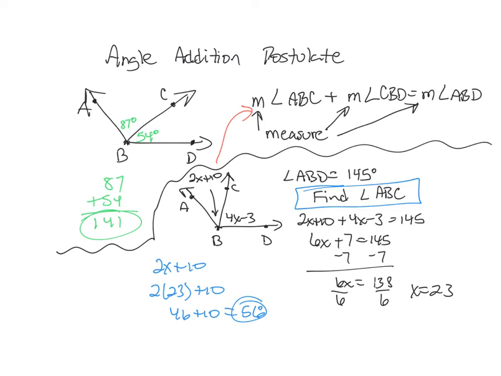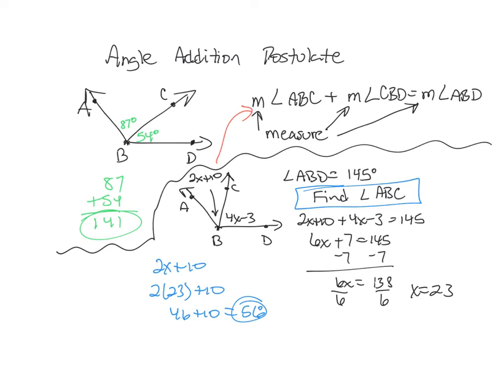So a straight angle is 180 degrees. So if you don't know anything about the whole thing, but it's a straight line, then you can conclude that the whole thing is 180.